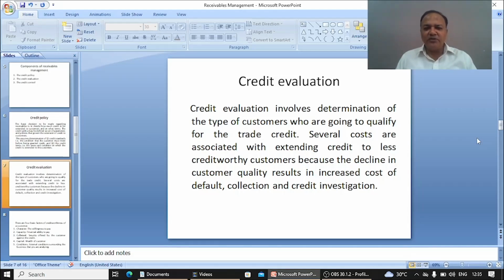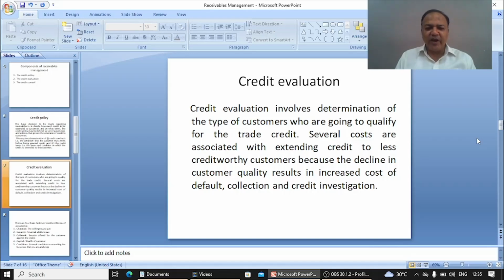So in credit policy, we have to see two things: first of all, the eligibility of the customer, and the terms and conditions. And in credit evaluation, we have to check the customers in much more detail because a number of costs are attached with credit to less credit-worthy customers.